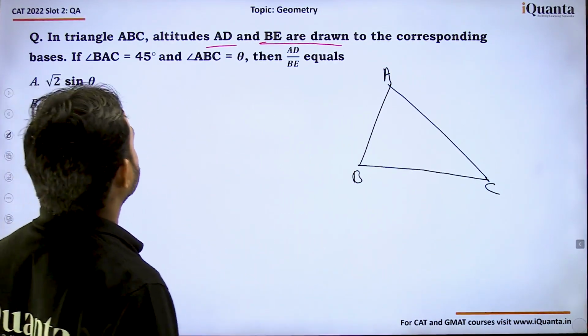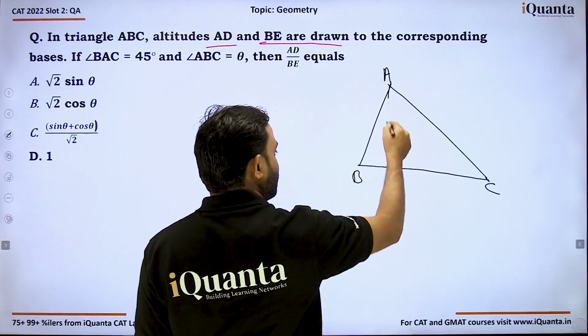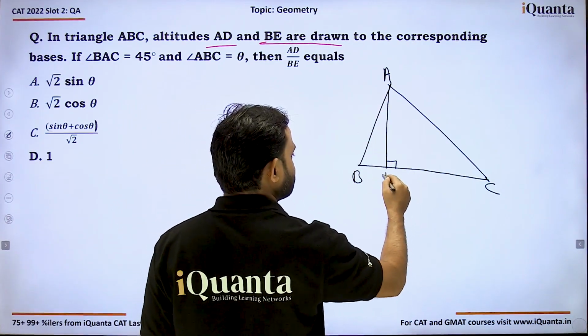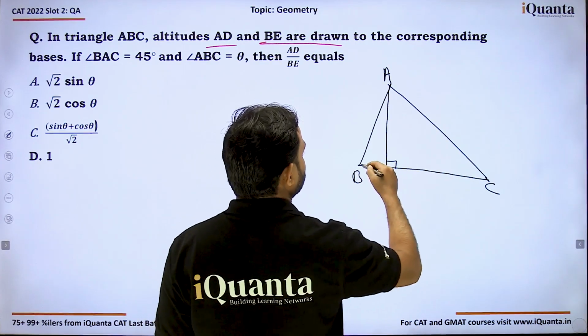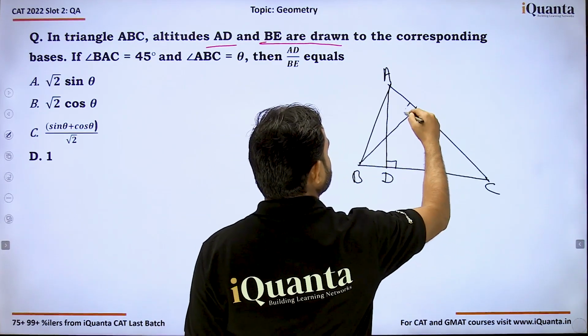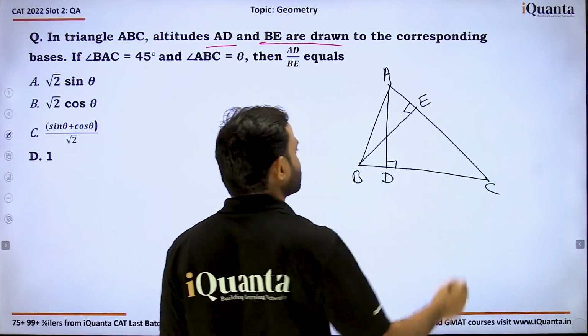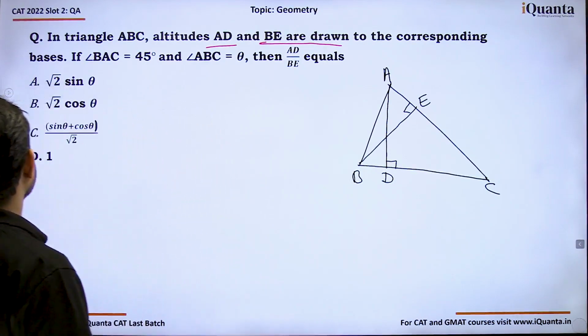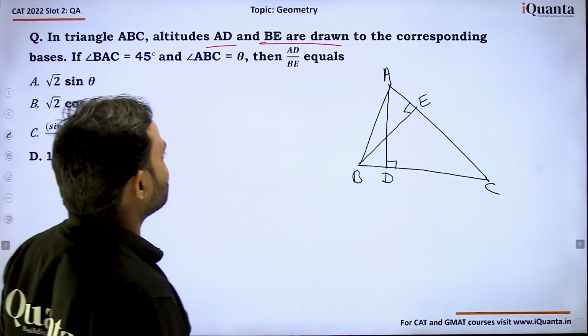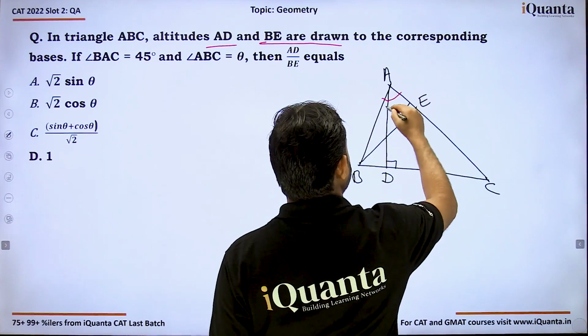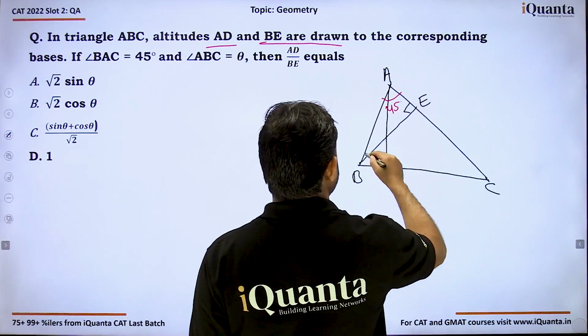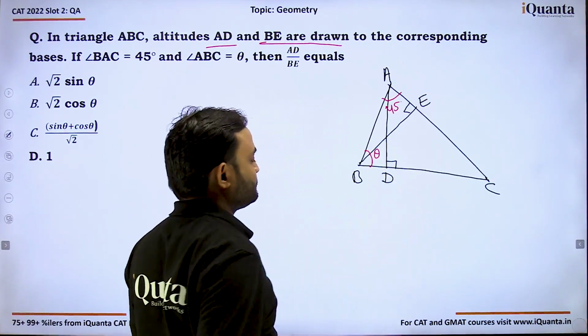We have drawn two altitudes from A to BC, this is AD, and from B to AC, this is BE. These two are altitudes. Now it's given that angle BAC is 45 degree, and angle ABC is theta.